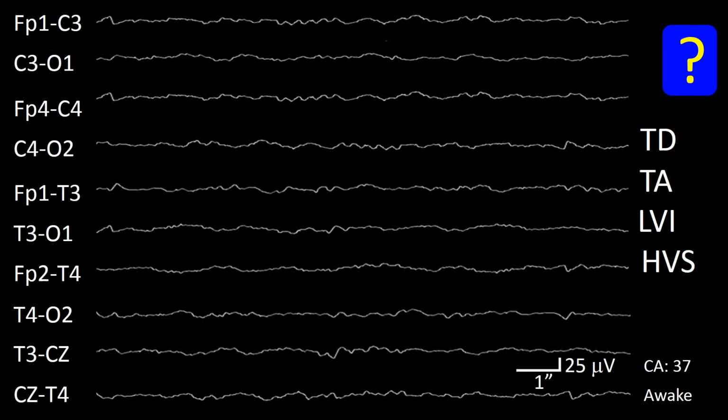Next question. Look at this epoch and choose the best possible answer. This question, as all the other questions, can be approached by looking at the options. It is always better to look at the options first before looking at the tracing, so you know exactly what the possibilities are.